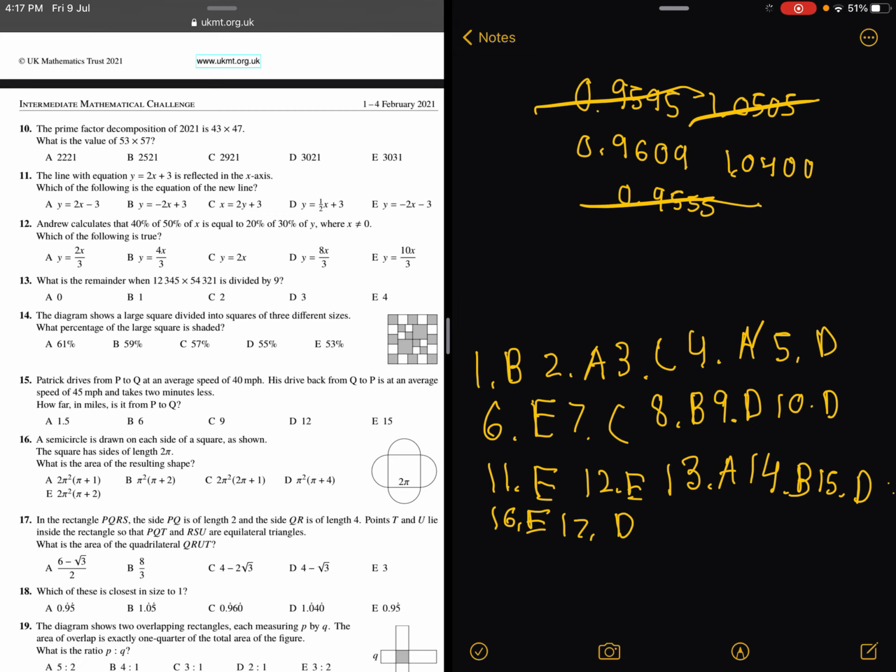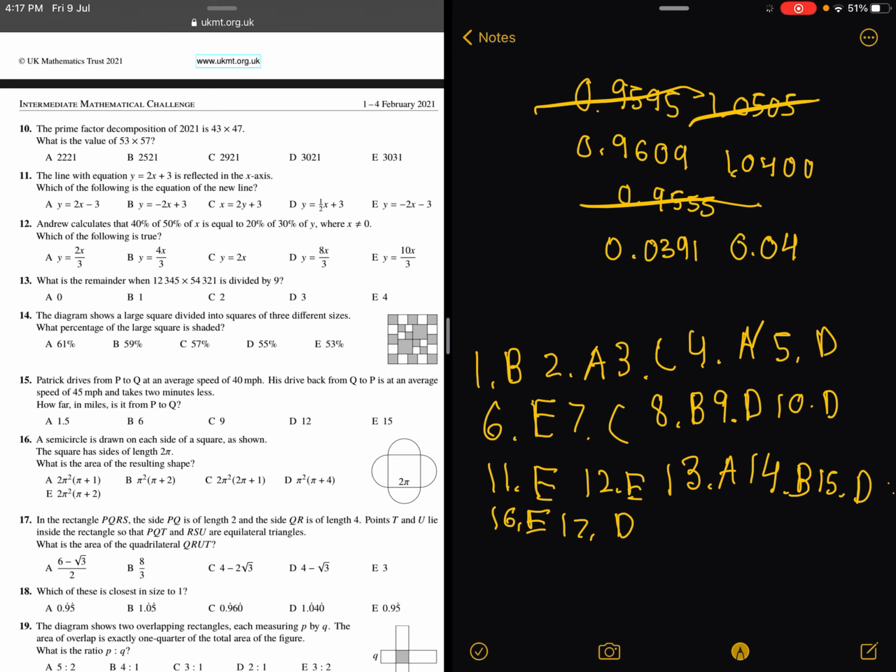When we look at this at first instinct, they look similar, but we can see that 0.9609 is slightly closer because the distance would actually be 0.0391, whereas the distance over here would be 0.04 something.